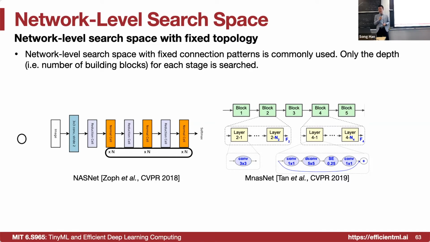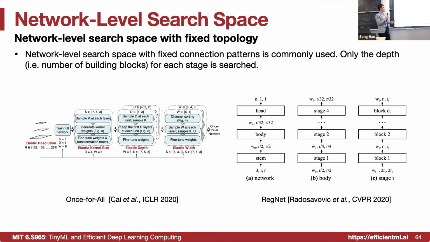So what is the number of n here, and what is the number of repeated n over there, and what is the right amount of depth and the right number of stages for each network. Those are the network level search space with a fixed topology.